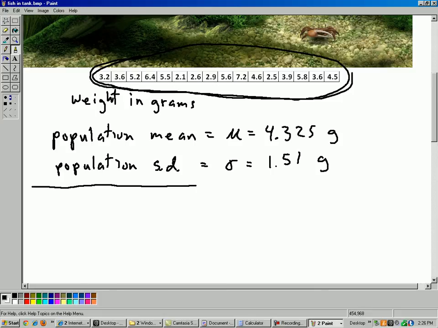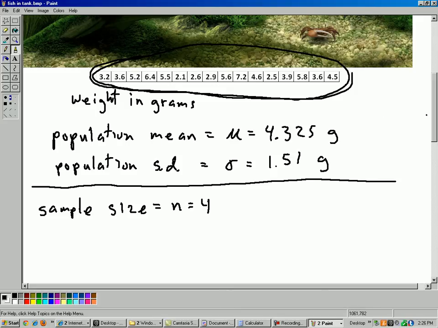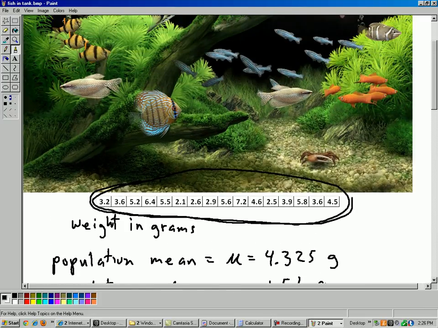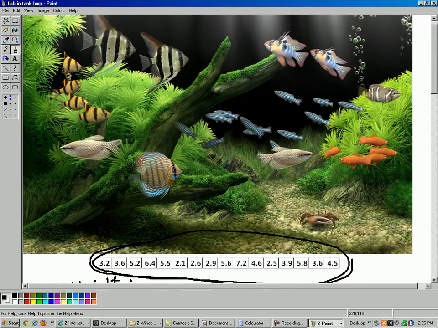Okay, so let's take a sample. How about four? Four fish in our sample. So sample size is n equals 4. Now, of course, the proper way to take a simple random sample is to give every fish a number, like call this fish 1, fish 2, fish 3, etc. And then you randomly choose the numbers. But to save some time, let's just pretend that I did that.